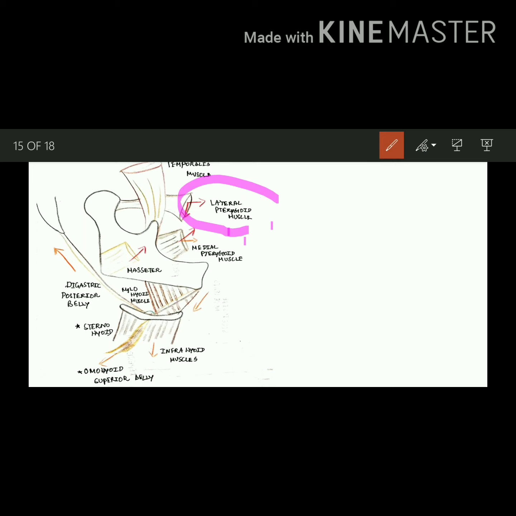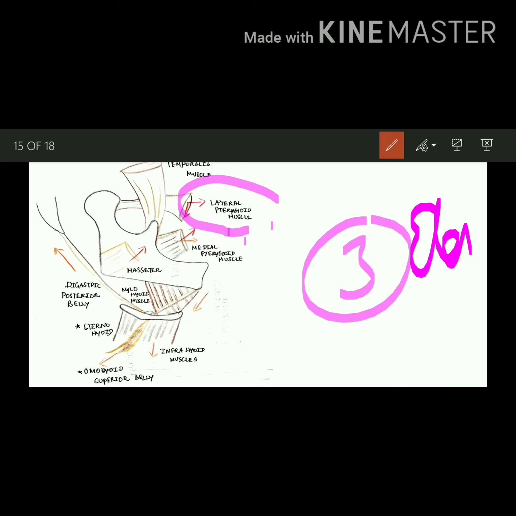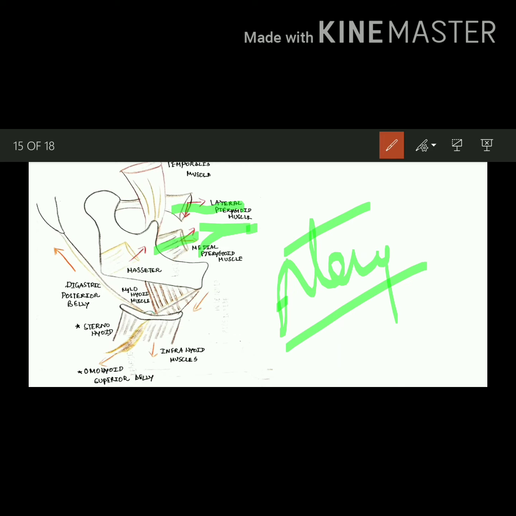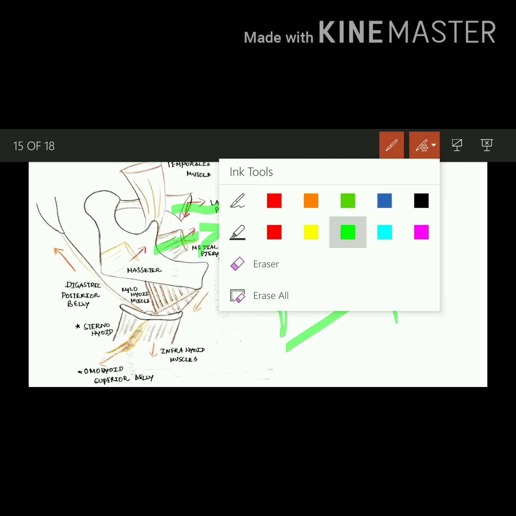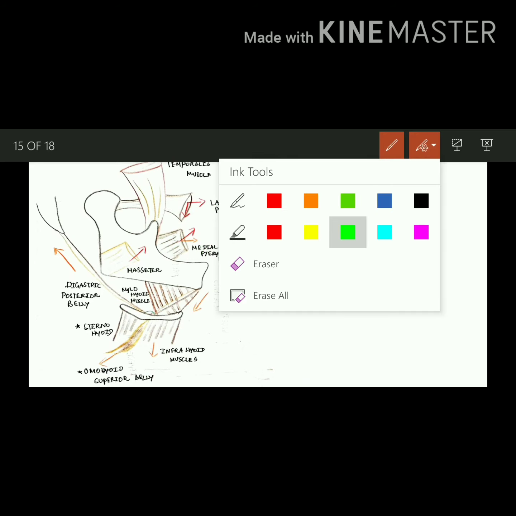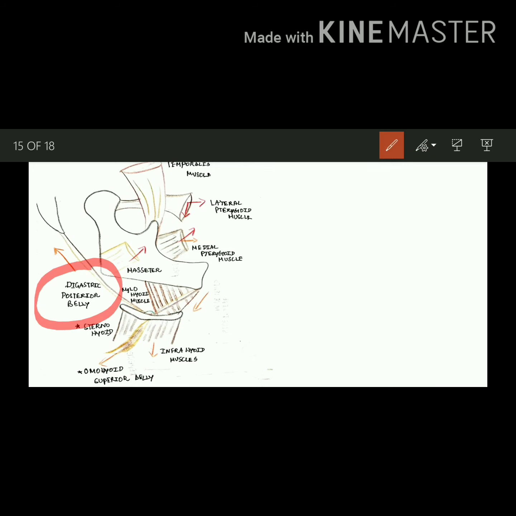So depression is done only by the lateral pterygoid muscle, whereas the rest of the three principal muscles do elevation. So we have done the first movement, and the second type of movement is protraction and retraction. The pterygoid muscle will always do protraction because you can see it is coming forward here, so it protracts. Retraction of the temporomandibular joint is done by the posterior belly of the digastric and other muscles of the floor of the mouth.